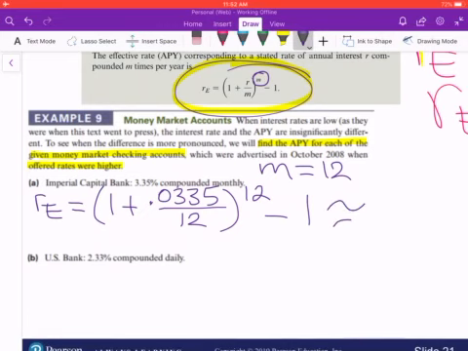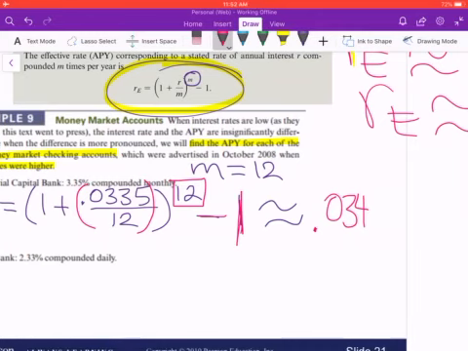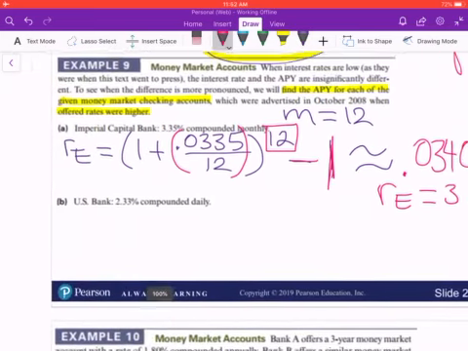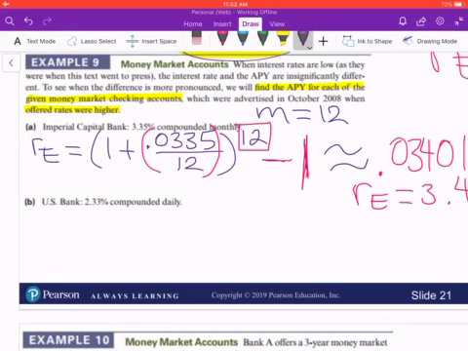And if we put that in the calculator, remember you have to use double parentheses here. And this minus 1 needs to be outside the exponent 12. So for that, you will obtain 0.034019. So that gives us an effective rate of 3.40%.